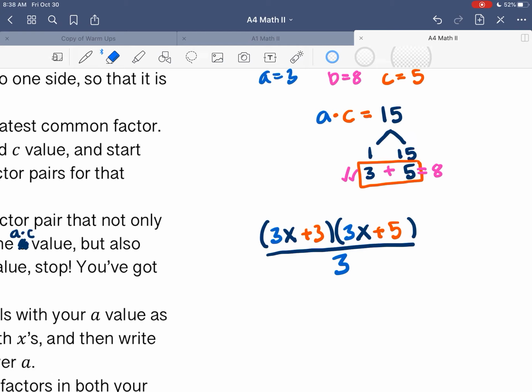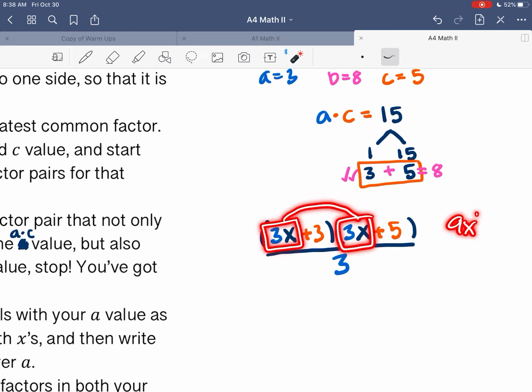And the other thing that we're doing here is because we put the 3 both here and here, if we were to multiply these two things, we would get 9x squared, not 6x squared. So we have sort of an extra 3 going on. The reason that we put it in both places is because we don't know where it should go.